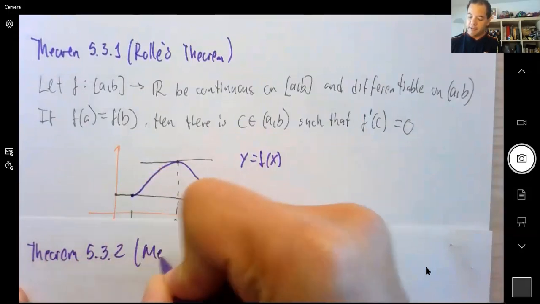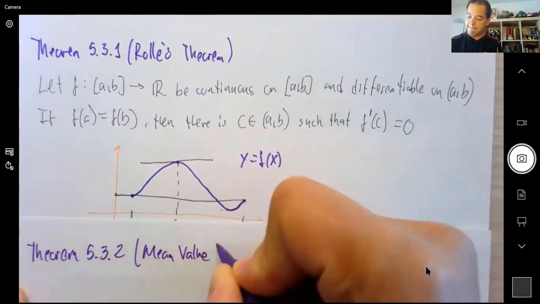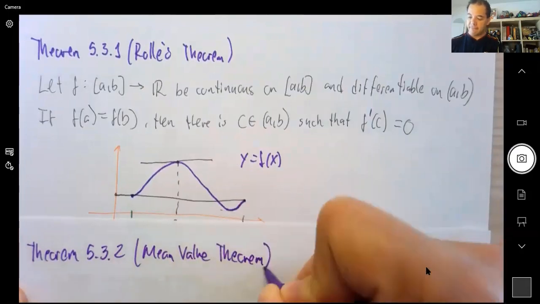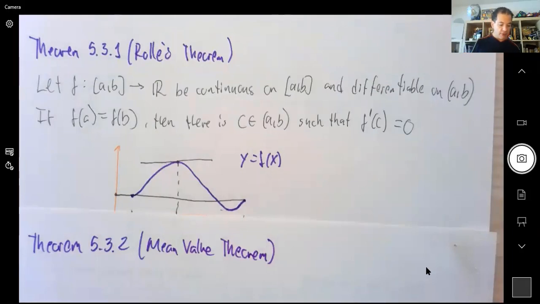This is the mean value theorem. And this is what it says.